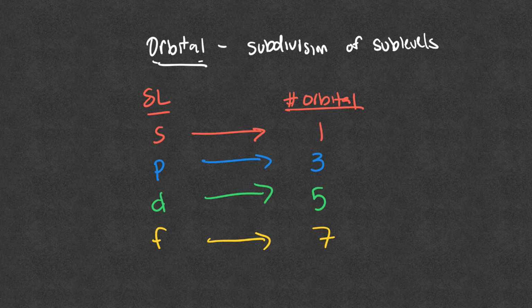So the street is within the city, which is within the state. So once again, the S sublevel only has 1 orbital, the P sublevel only has 3 orbitals, the D sublevel has 5 orbitals, and the F sublevel has 7 orbitals.